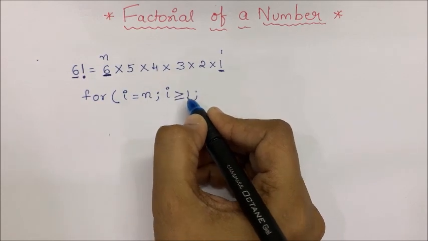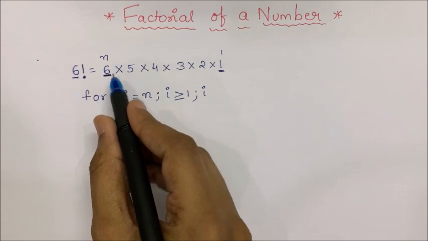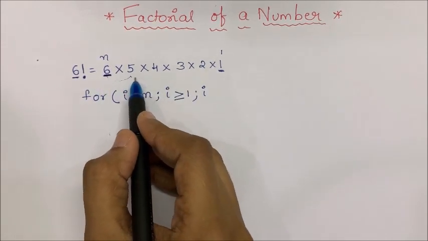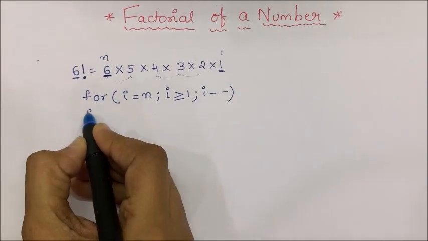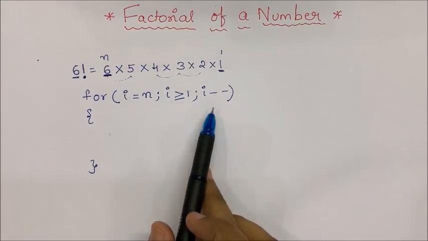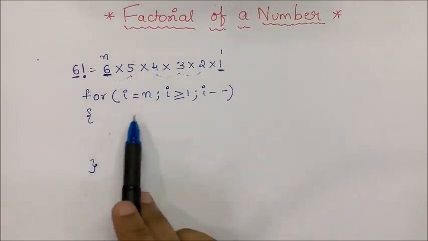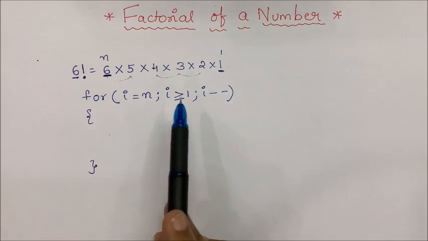Till 1 means I greater than or equal to 1. And from 6 to 1 means here we are decrementing the value by 1, so we will write I minus minus. So this for loop explains that this loop will run from the n value 6 to 1.